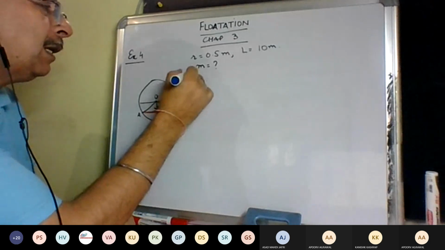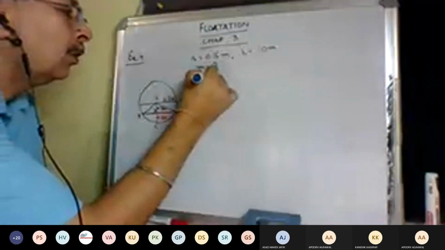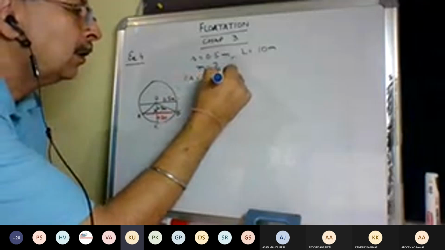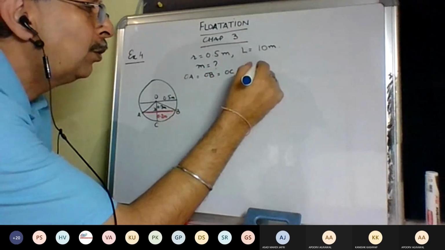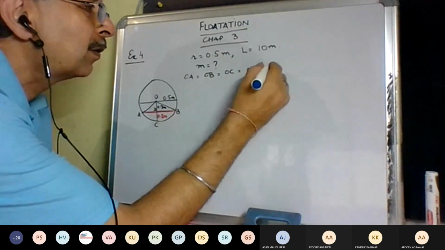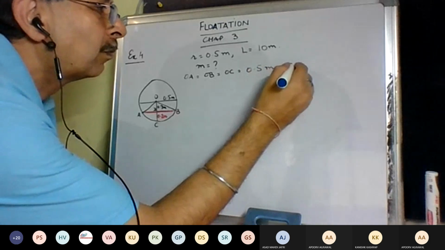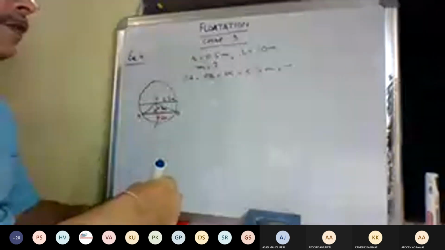Is this okay with everybody? Yes, sir. OA is equal to OB is equal to OC is equal to 0.5 meters, the radius. This is the radius.